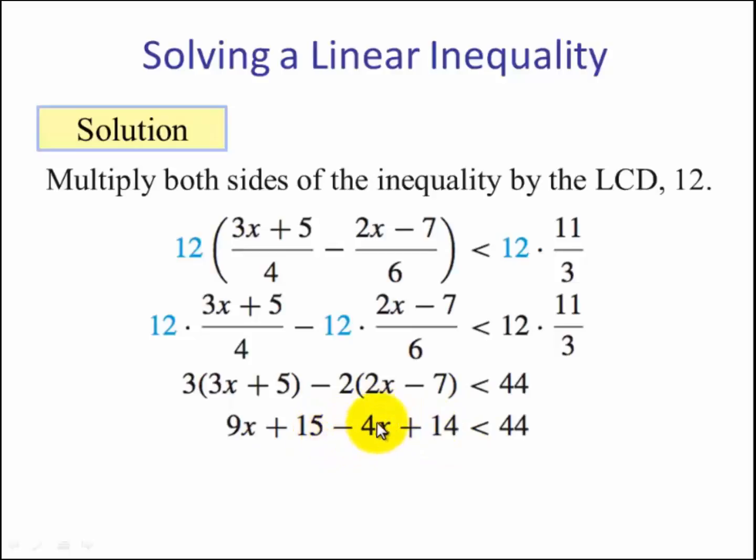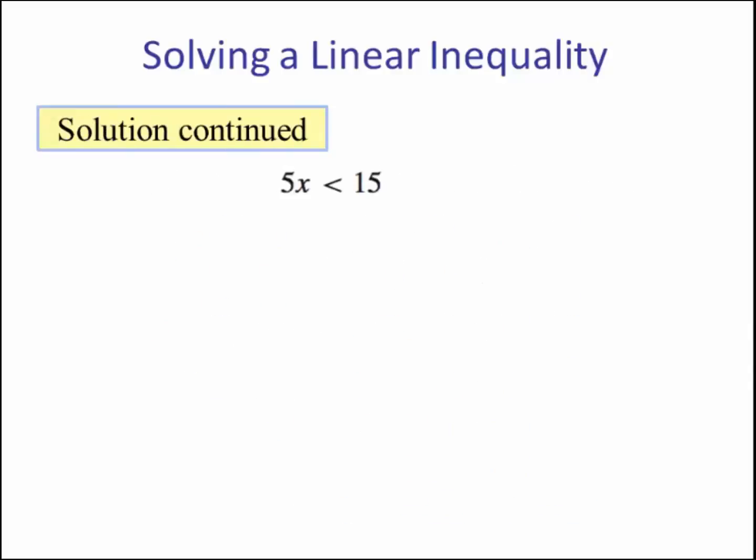Combining like terms, we have a minus 4x and a 9x, and that makes 5x. 15 and 14 make 29. Our next step is to subtract 29 from both sides. And we have 5x is less than 15.